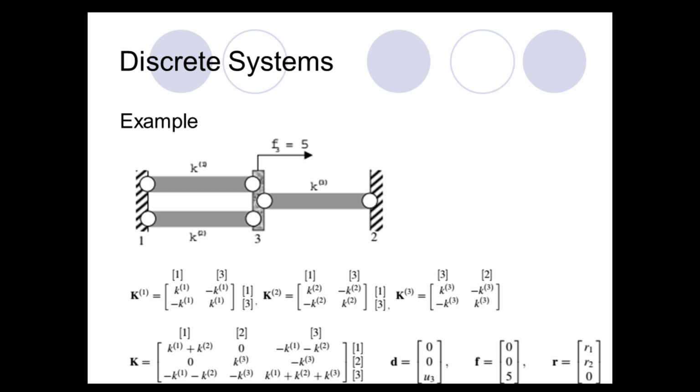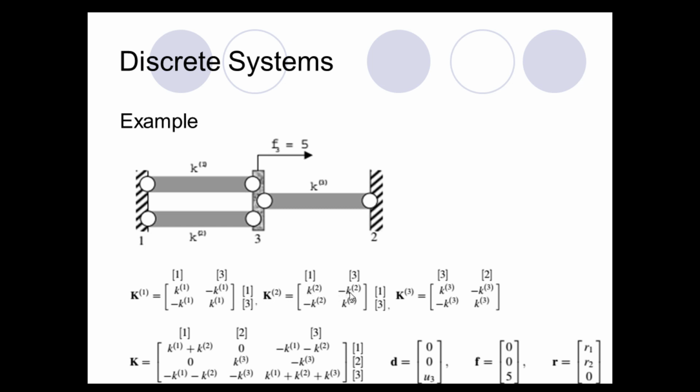Now let's continue. Let's look at the value for the 1 3. This is the 1 3. So for the 1 3 we have minus k1, or you can think like this. This is 1 and this is 3. First row and third column, 1 3, it is minus k1. Let's look at the 1 3 in the second element.